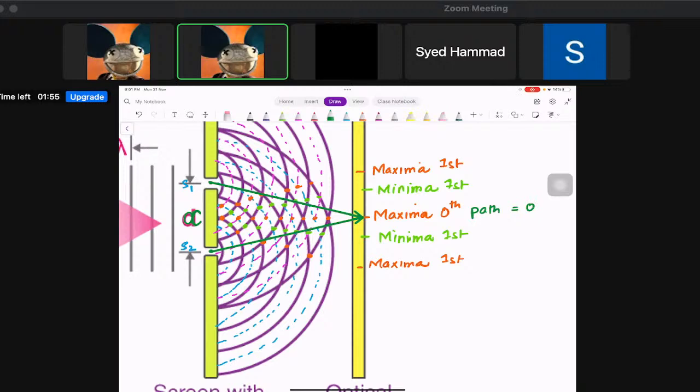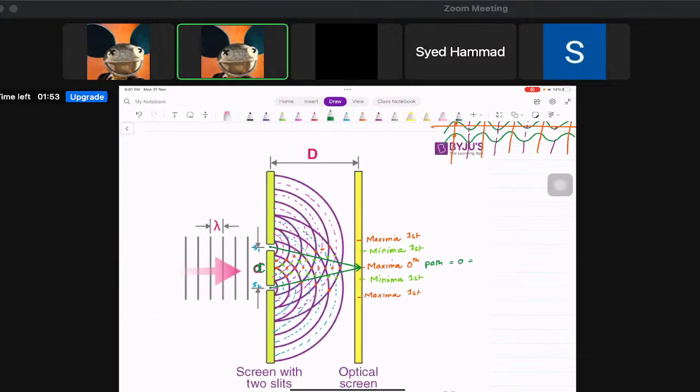And how can we know this? Because from the formula, n is 0, so it's 0 times lambda. Is that clear?